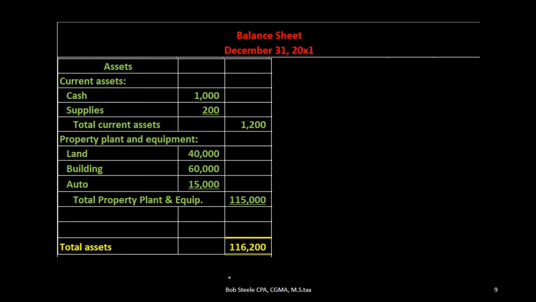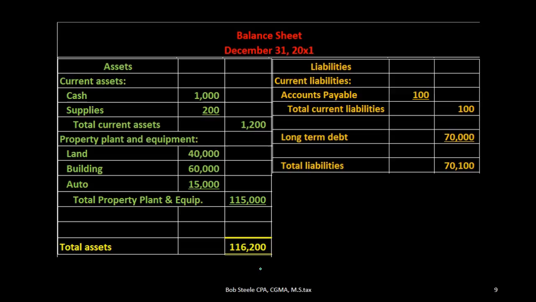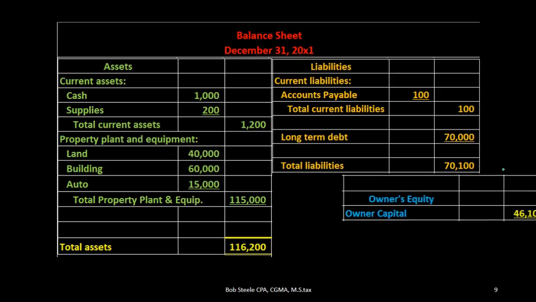So when we look at our balance sheet then, it's as of a specific point in time, the end of the year, December 31st in this case, and we have assets on the left-hand side totaling $116,200 worth of assetness, not cash, but that's how many dollars worth of assets that we have. We owe all that value to somebody, either third-party vendors, which would be the liabilities, that would be the bank and the vendors, and we owe the difference to the owner.